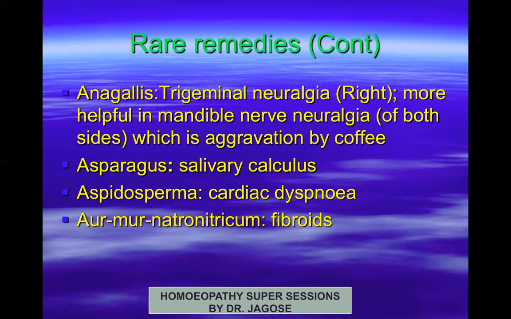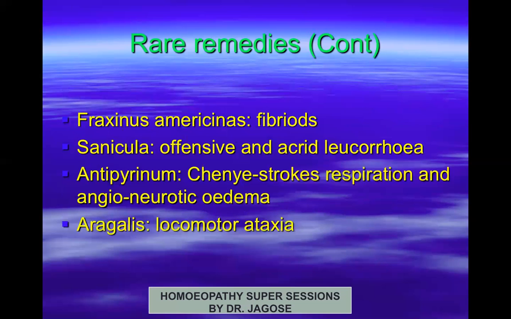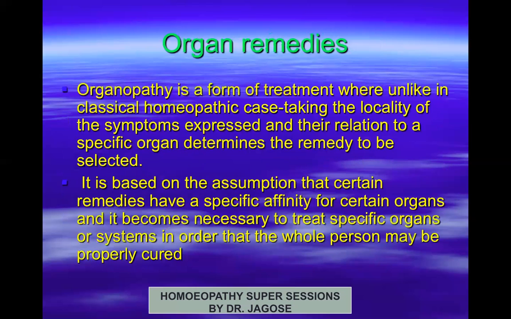Or Aurum muriaticum natronatum for fibroids, or Fraxinus americana for fibroids. Also, this we give in mother tincture form. Sanicula for offensive and acrid leukorrhea, Antipyrinum for Cheyne-Stokes respiration and angioneurotic edema, Agaricus for locomotor ataxia. So these are a few examples of rare remedies.